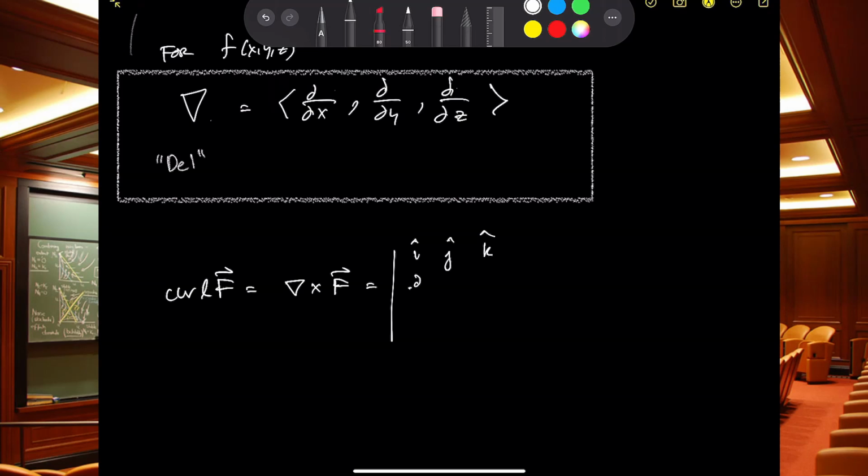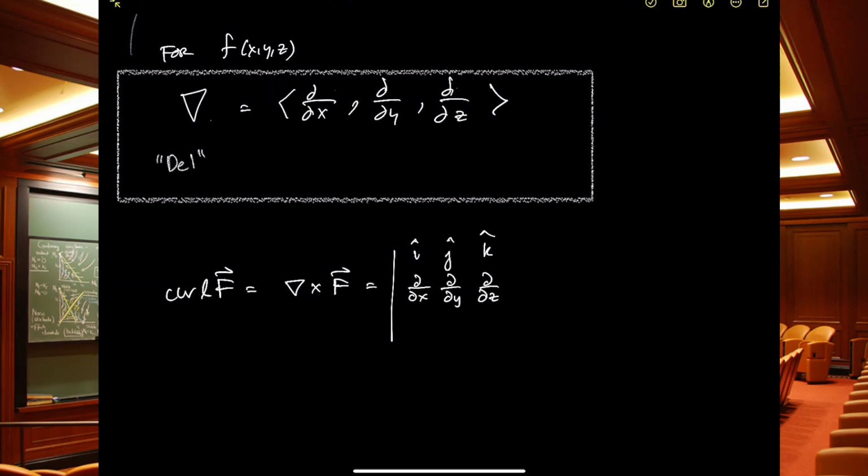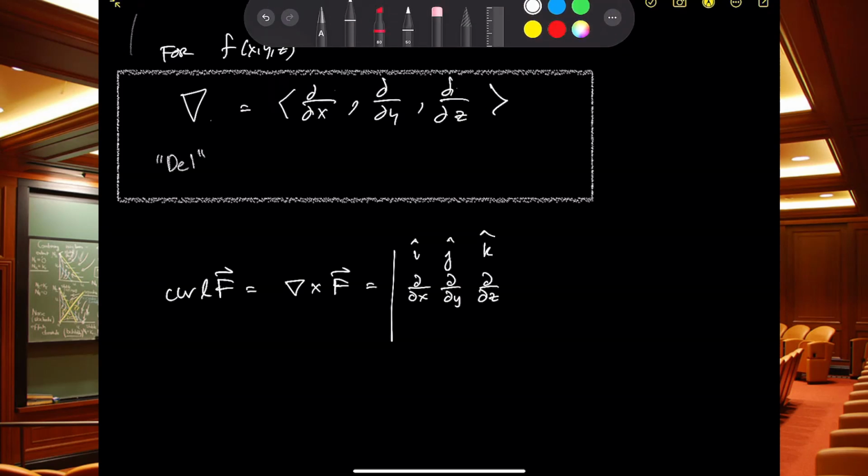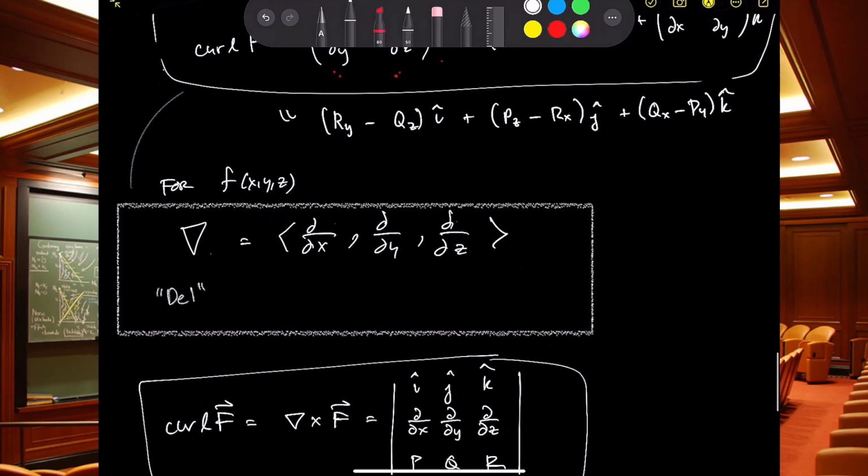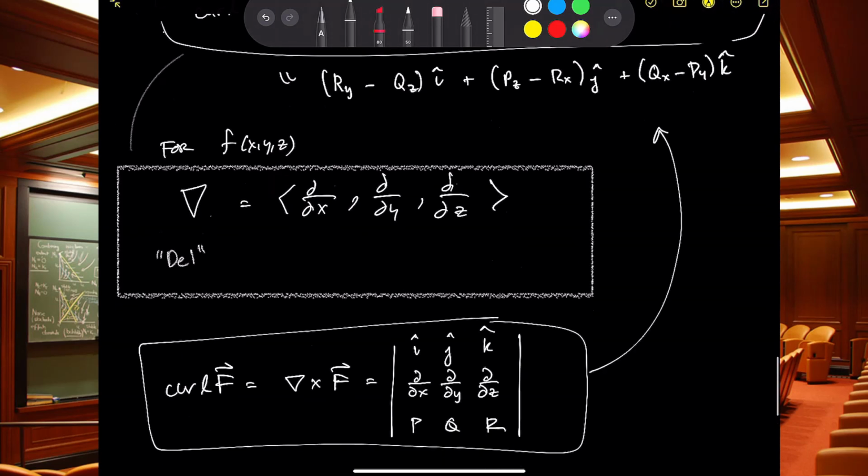And the middle row are these differential operators taking the partial derivatives with respect to each axis. And then P, Q, R. Order obviously matters a great deal here. You're dealing with differences as well as the basis vectors. But you can see, and I'll leave it to you to do so, that when you take this cross product, you should end up with what you see up here.